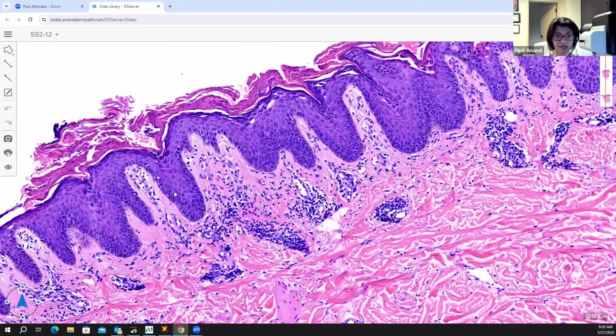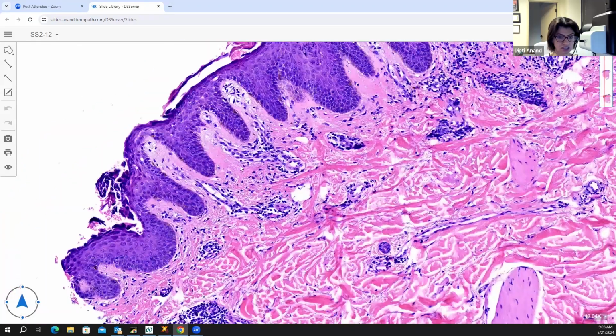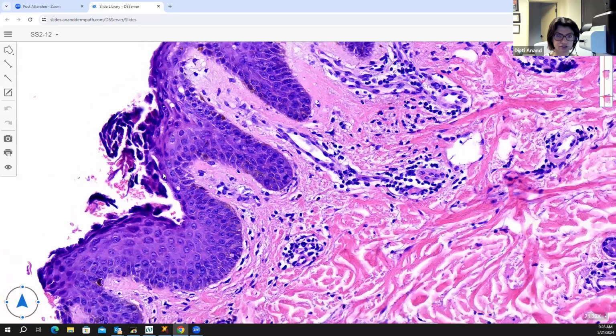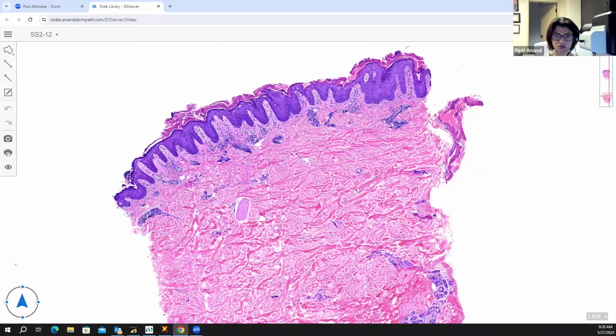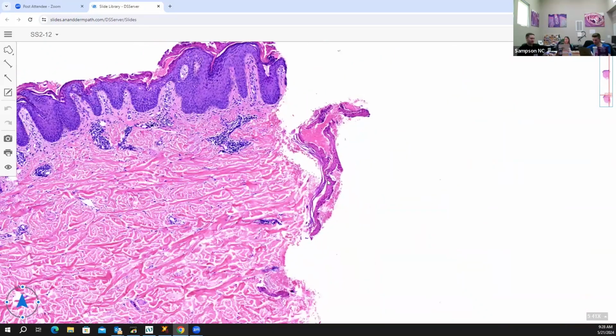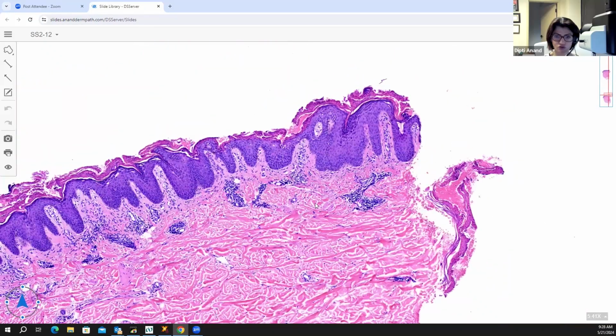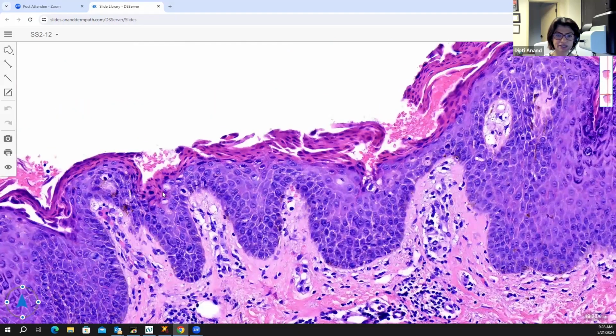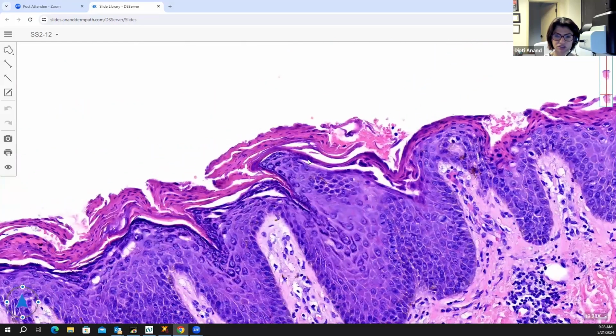The granular cell layer is there, but it looks a little weird. You see this? Yes. There is a stratum corneum on top of it. That's a good question. Where has it gone? It's fallen over here. Even in over here, what's happening in here? You see the splits?